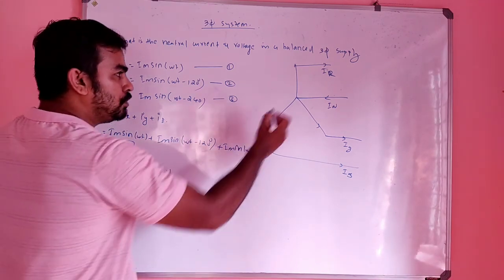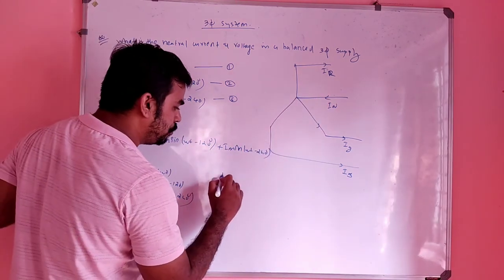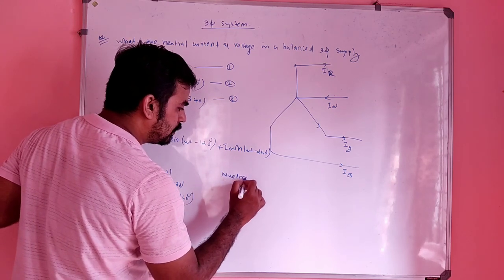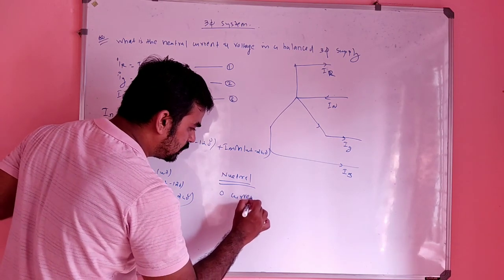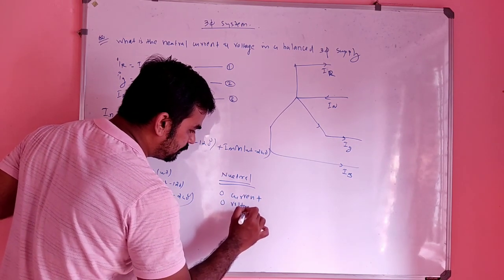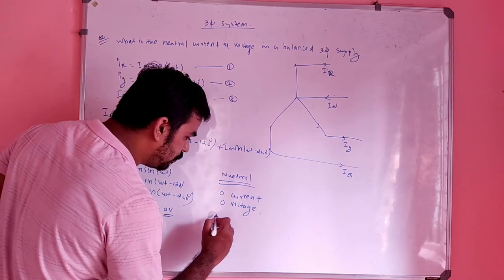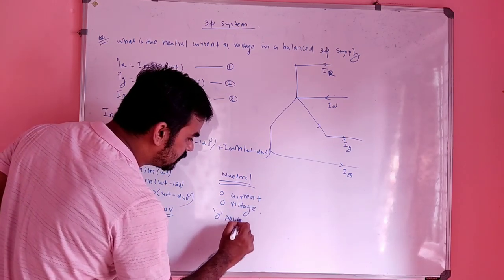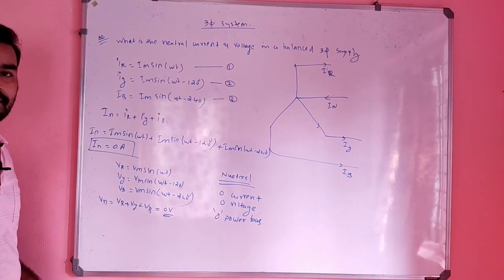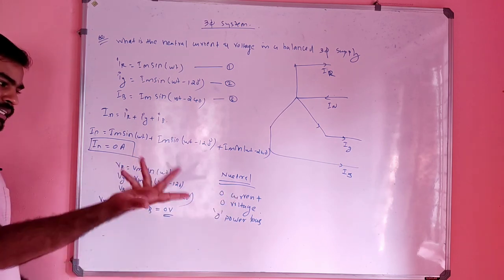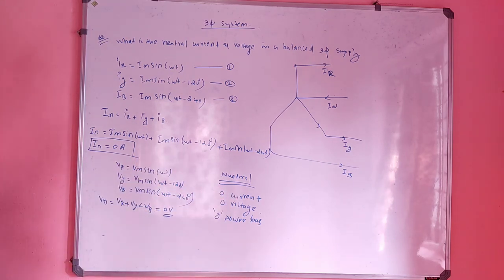That means the neutral line has 0 current and 0 voltage. That is why this neutral line is also called the zero power bus, because power is voltage into current, which is 0.